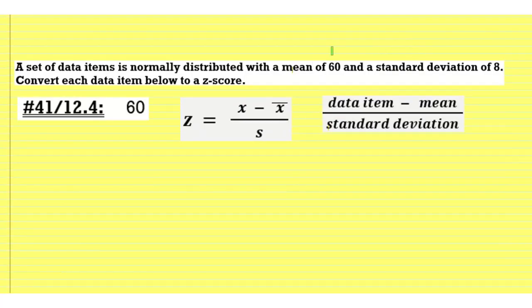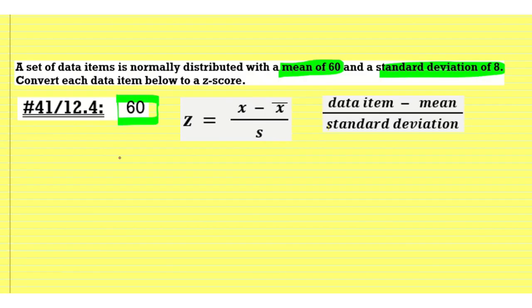Okay, our next problem says that our data set has a mean of 60. It has a standard deviation of 8. And the data point they want us to pay attention to is the 60. So that means we're going to find the z-score of a 60.